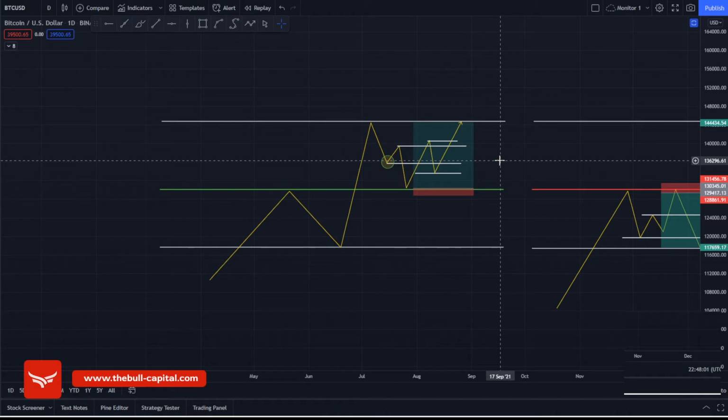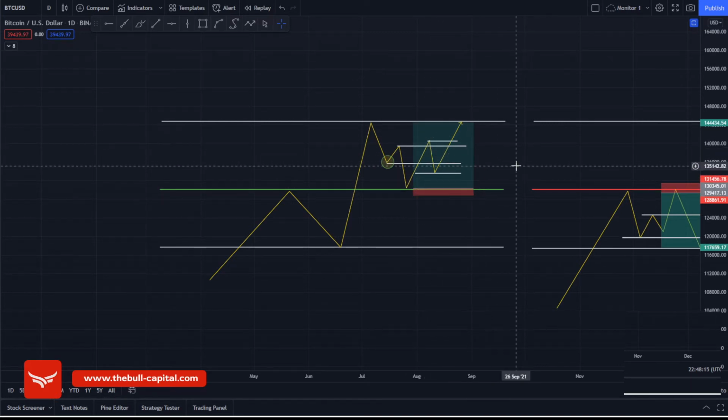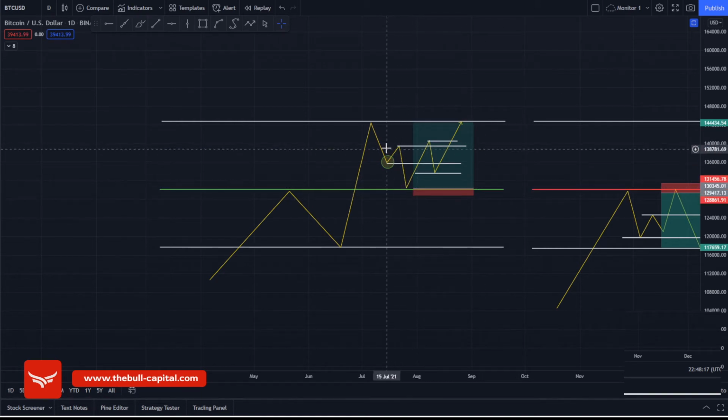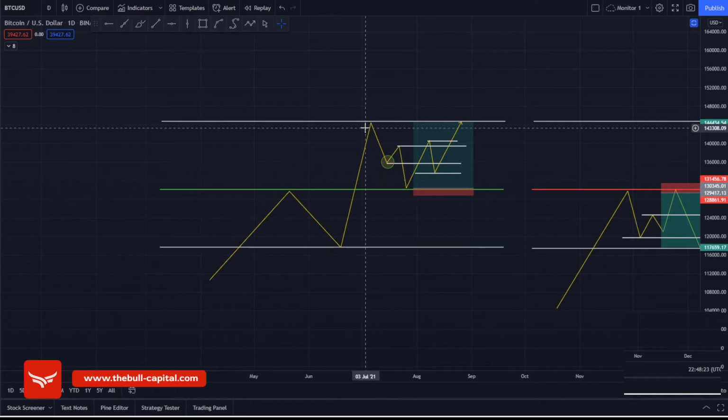So now when the price is moving up, starting from the support line and going up, we're going to have multiple resistances from the peaks and the valleys of the swings inside this channel, this big channel between the main resistance and main support.